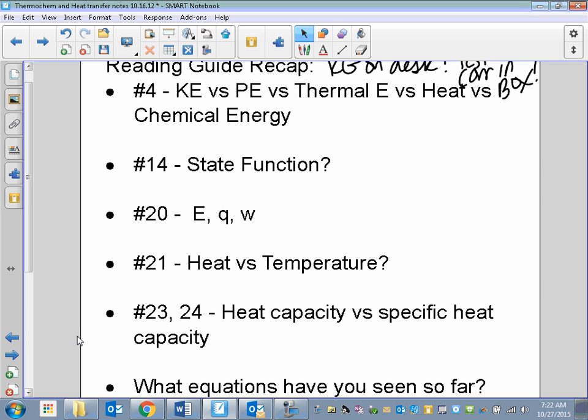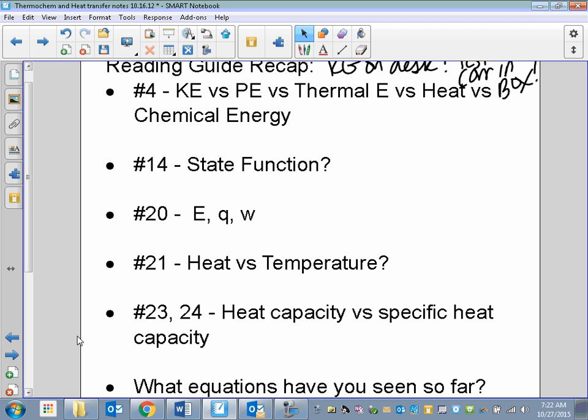So these things are all really intertwined, but their definitions are different, and the way you use the terminology is different. When we say heat, we're talking about heat flow. When we say thermal energy, we're talking about inherent energy based on the temperature those particles are at, and that temperature is really related to how fast they're moving, which is actually kinetic energy again. So those are all very intertwined.